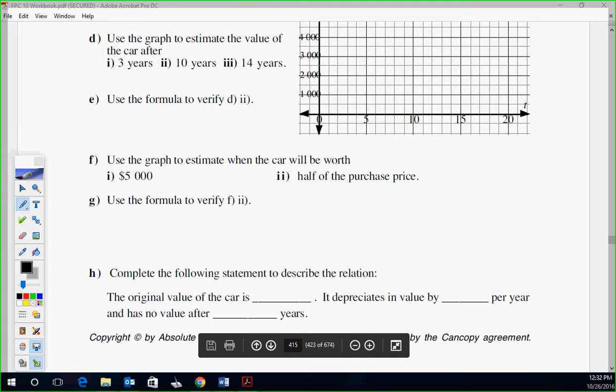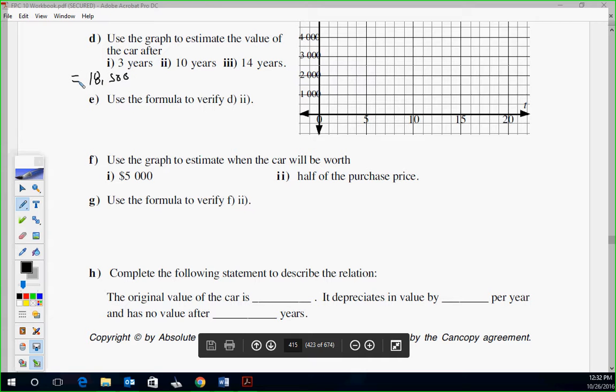All right, stay with me. Use the graph to estimate the value of the car after 3 years. So what do we got? Somebody estimate that. What do you think, Andy, after 3 years? How about 10 years? What do you think, Hannah?